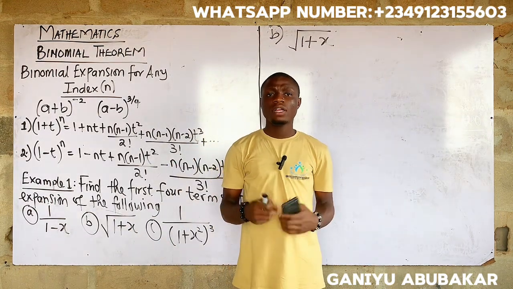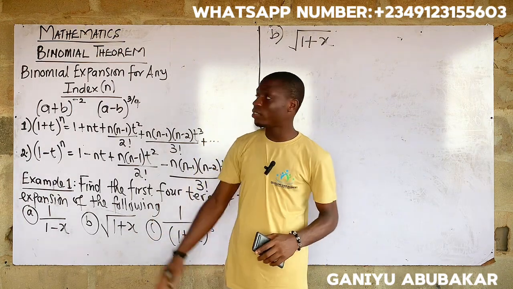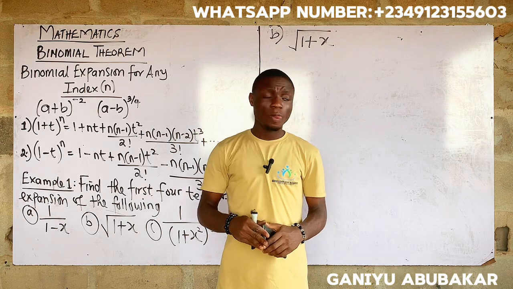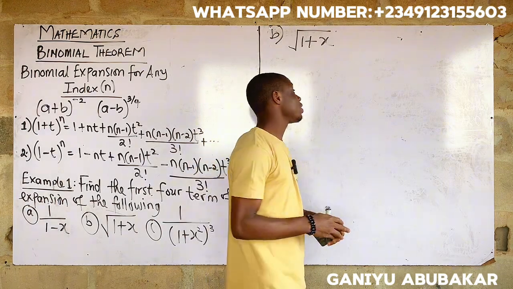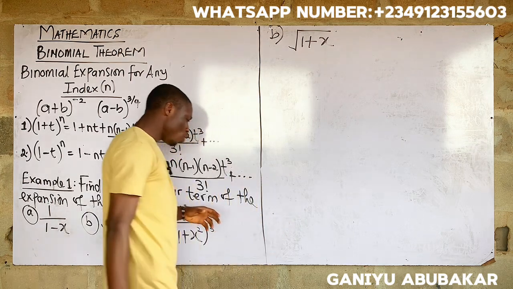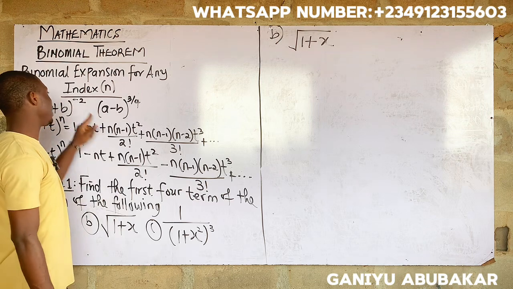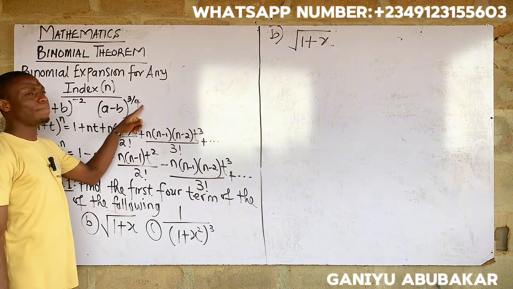Welcome back. Let's do example 2 and we'll end this concept, right? For number 2 there, the question says the square root of 1 plus x. By the way, we said this condition is only applied when you have a negative power or a fractional power.